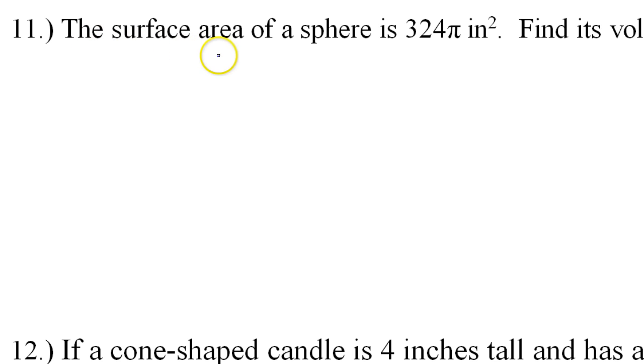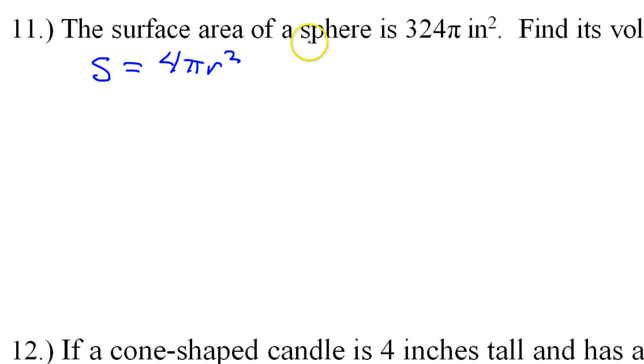So they gave us the surface area of a sphere. So what's the formula for the surface area of a sphere? The surface area of a sphere is given by 4 pi r squared. So start by writing down that formula.